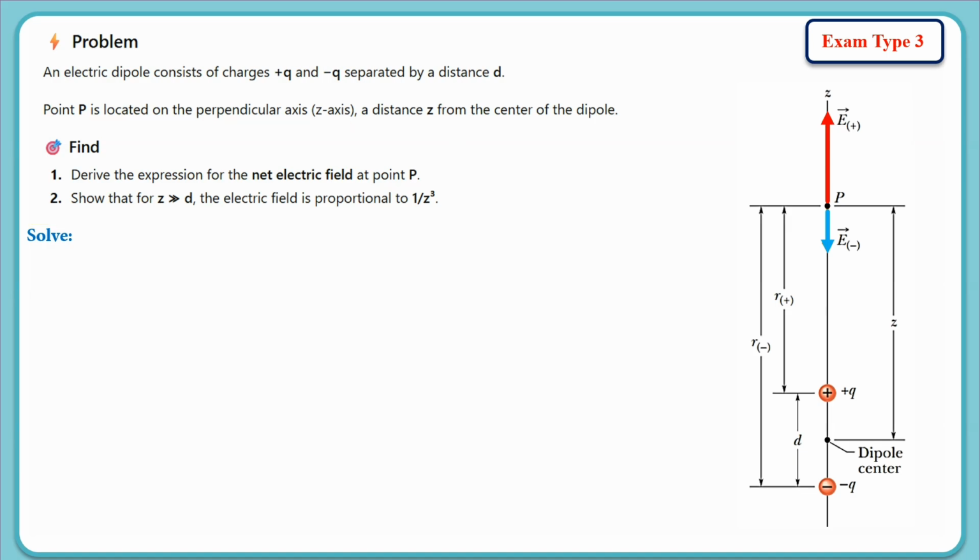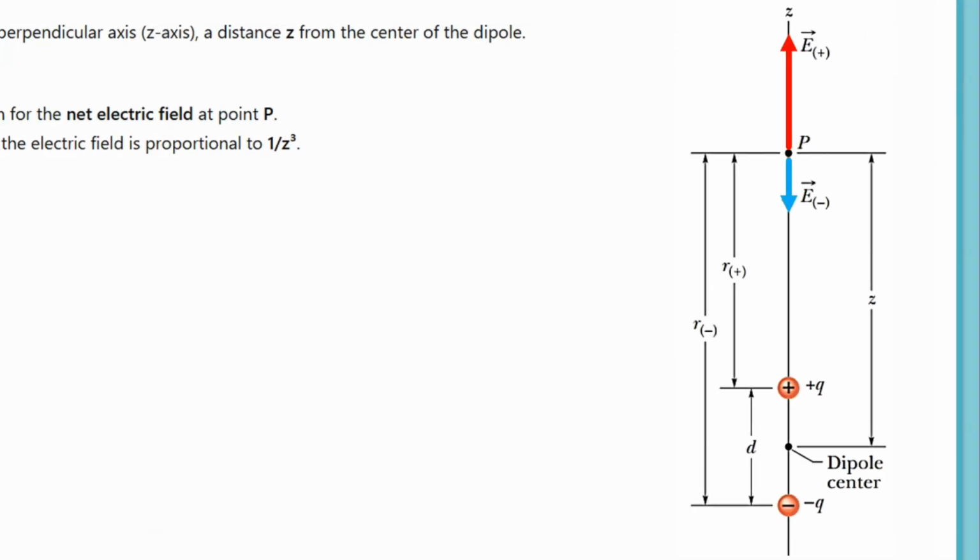First, let's take a look at the figure. Before starting the calculations, notice a few important points. As we learned earlier, we determine the direction of an electric field by imagining a small positive test charge placed at point P. The electric field always points in the same direction as the force acting on that positive test charge.